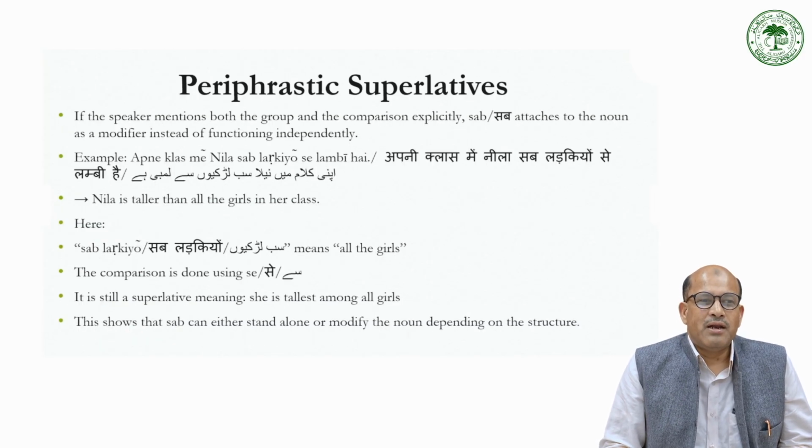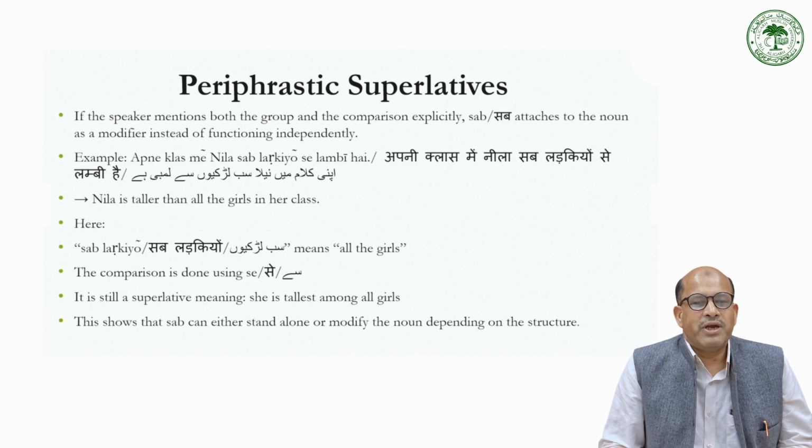If the speaker mentions both the group and the comparison explicitly, sab attaches to the noun as a modifier instead of functioning independently. For example, अपनी क्लास में नीला सब लड़कियों से लंबी है. So not only referring to the class, but सब लड़कियों is important here. सब लड़कियों means all the girls.